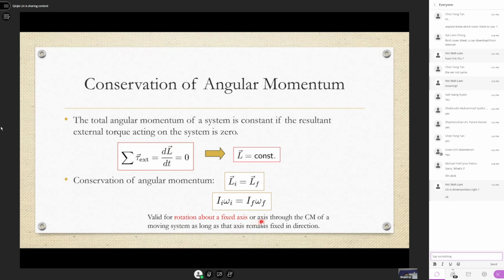Remember just now, we said different axes give different angular momentum. In conservation of angular momentum, the axis must remain the same. You cannot change the axis, because then the distance r will change and the whole thing will change. If the rotational axis is the same, then I omega at the start equals I omega at the end.